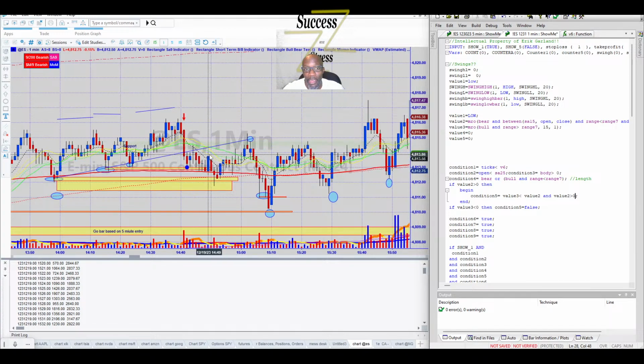The number of bars ago that value 2 is has to be less than the number of bars ago that value 3 was. If the chart does not find the value 3, does not find a bullish bar, then it's automatically going to populate -1.